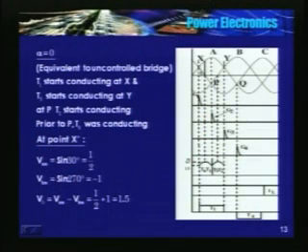It is proportional to sin 30. So in the upper half, T1 starts conducting at X, and the instantaneous value of phase A at that point is sin 30. In the lower half, this is phase B.